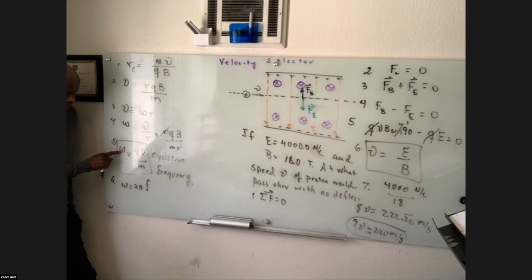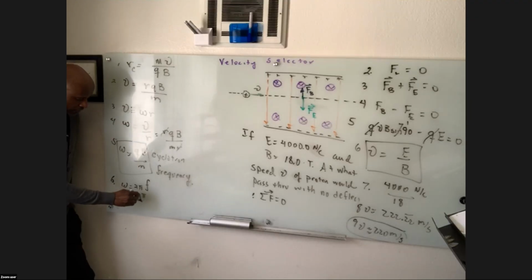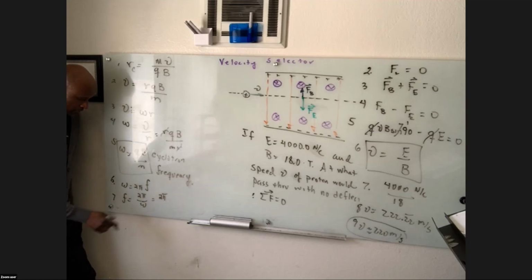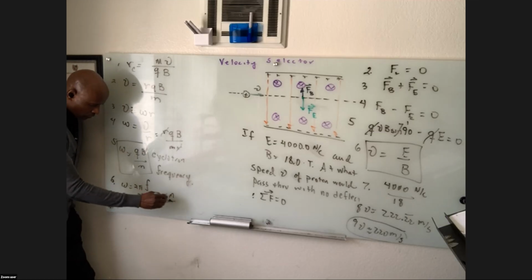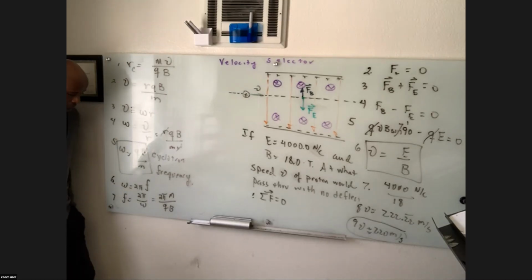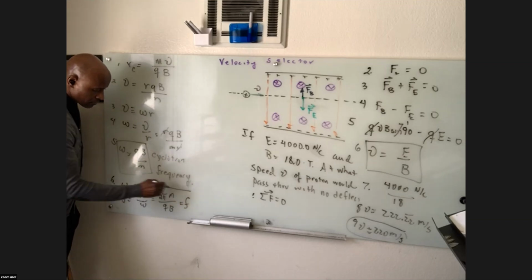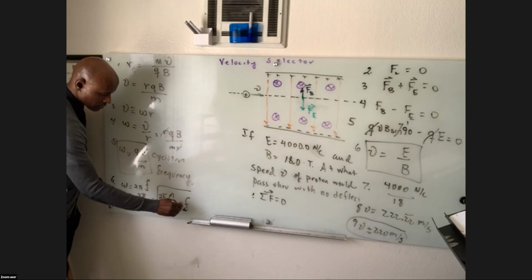So now I can take omega and plug it in here, and solve this for f. So f is equal to 2 pi divided by omega. So that's going to be equal to 2 pi, I guess when you flip it around, it's going to be m over q times b. So that gives you the frequency for a cyclotron resonance.